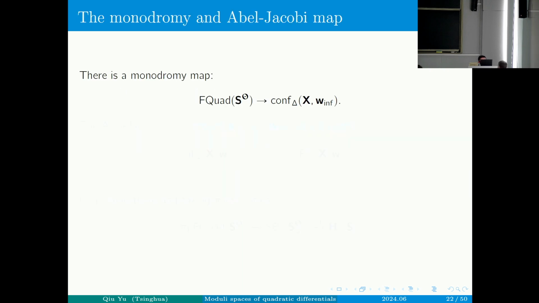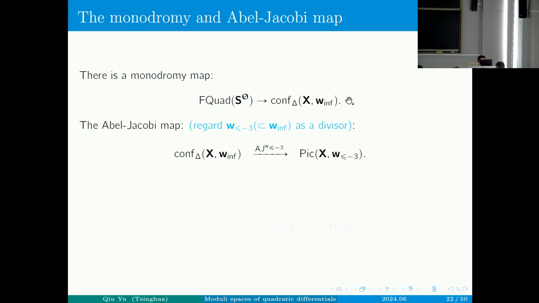So first, let's talk about some maps. The first map: when you have a quadratic differential, you can forget the complex structure and map to the Riemann surface. But you need to remember all the infinite singularities, and consider the finite singularities as a configuration.